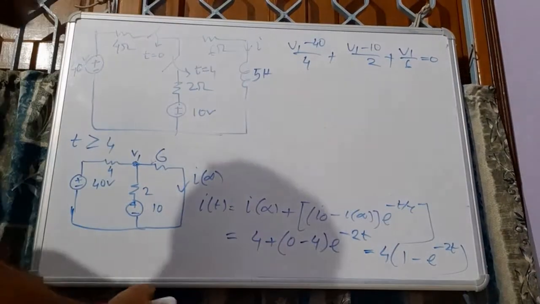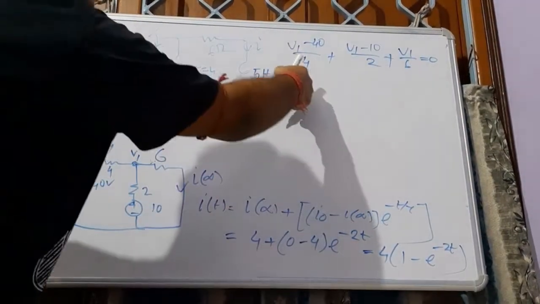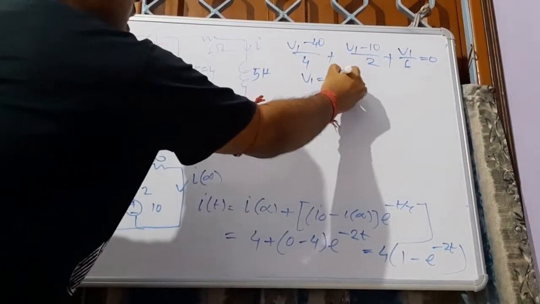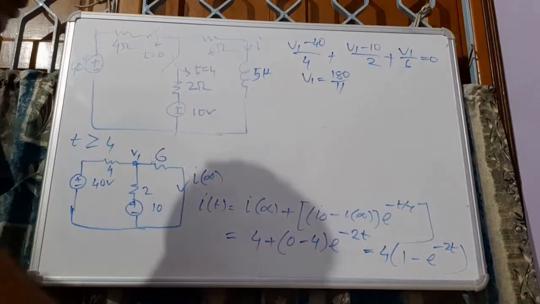Now if I solve this equation, we will get V1 equals to 180 divided by 11, right?